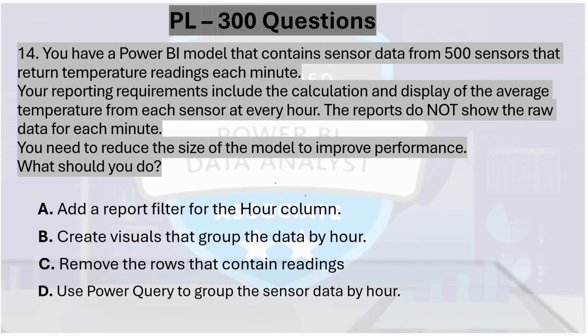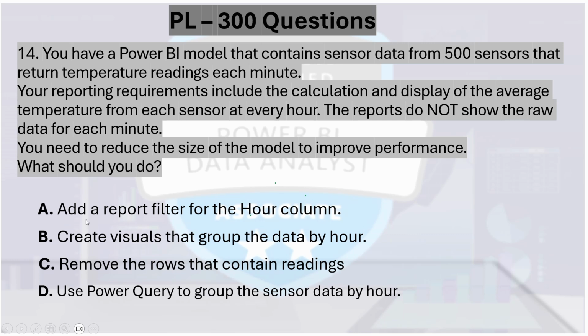The report does not show row data for each minute. You need to reduce the size of the model to improve the performance. What should you do? So you have 500 sensors, each minute they generate a reading, but the report is generated per hour, and you have to calculate the average temperature for each sensor for every hour.